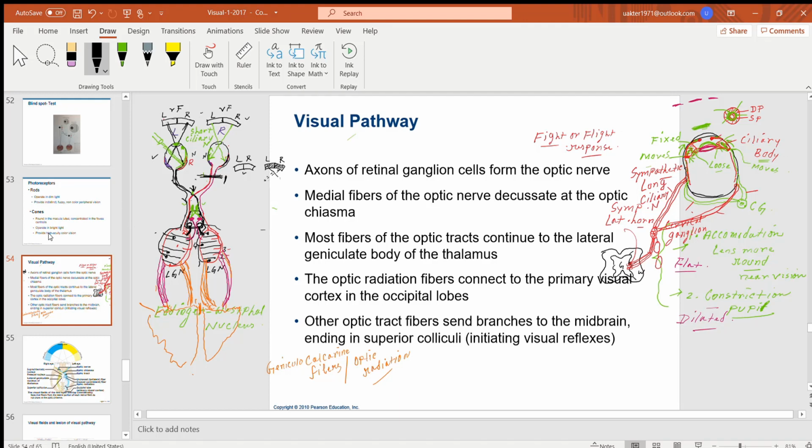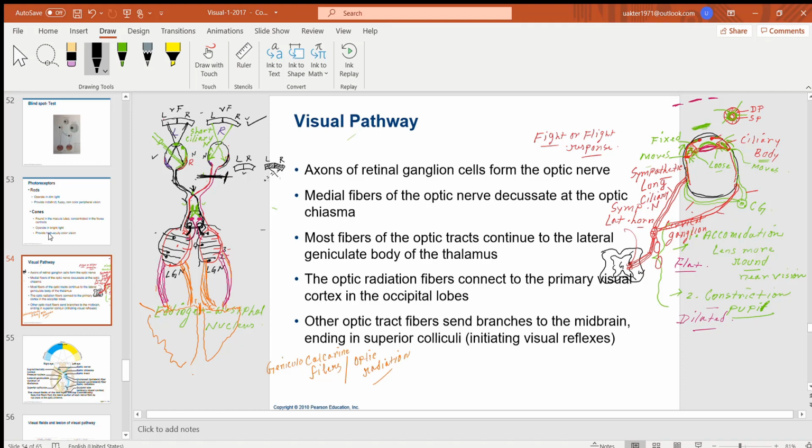So if I cut here at point 1, then one eye's visual field will be blind, and that is called monocular hemianopia.